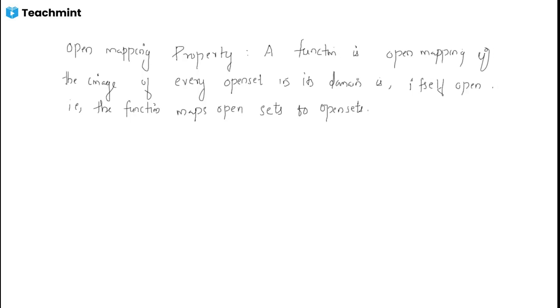A function is open mapping if the image of every open set in its domain is itself open, that is, the function maps open sets to open sets.